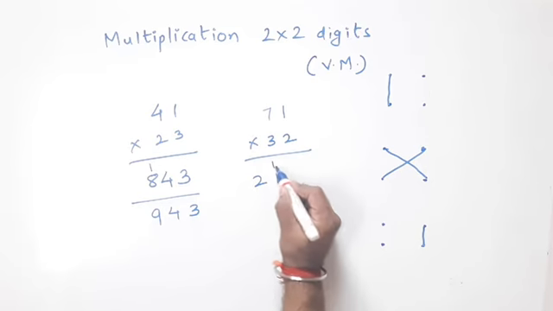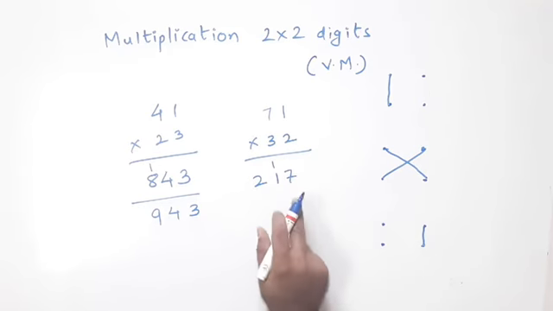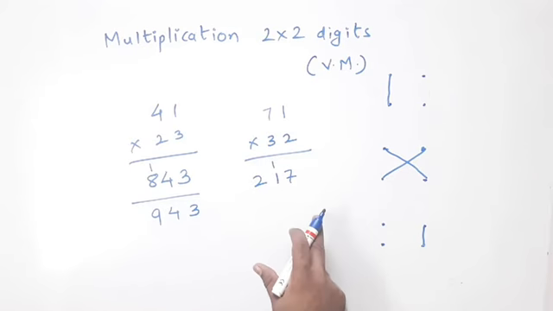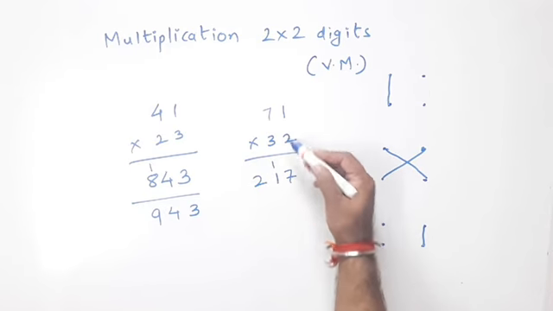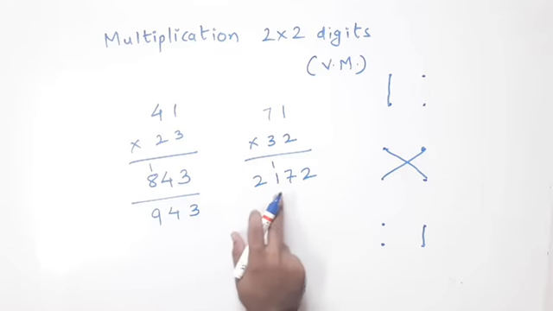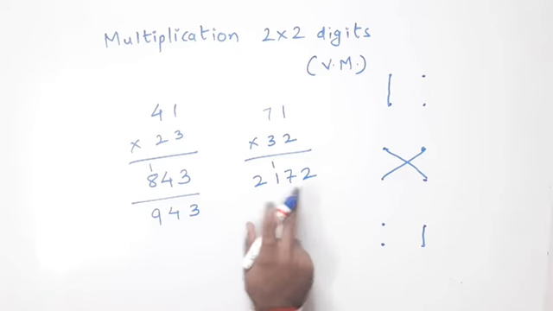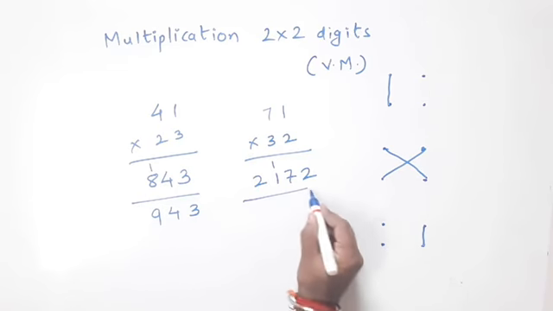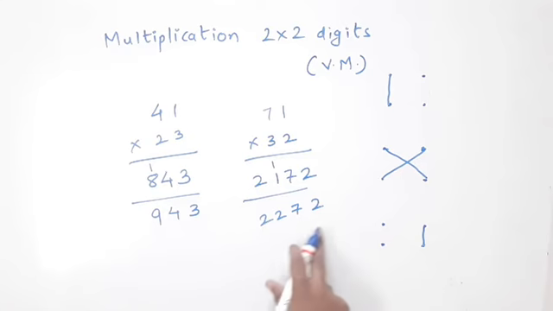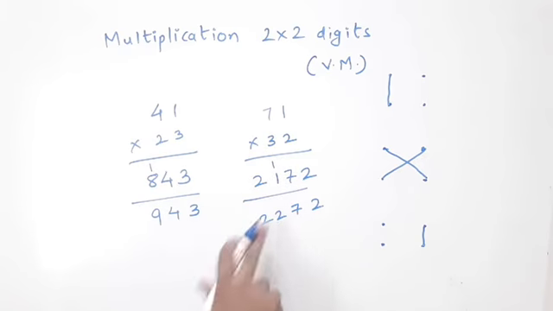So 1 7 17. 1 is carried here and 7 here. Then 2 1s is 2. Since students I have only one place here, we have to carry if we get any 2 digits number. So just add this to get your answer. 2272 is the product of 71 into 32.